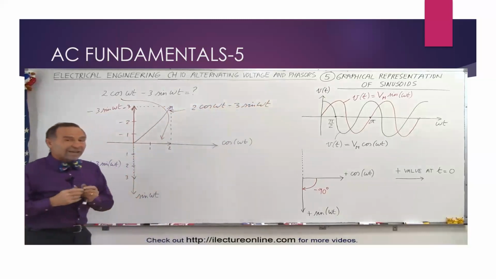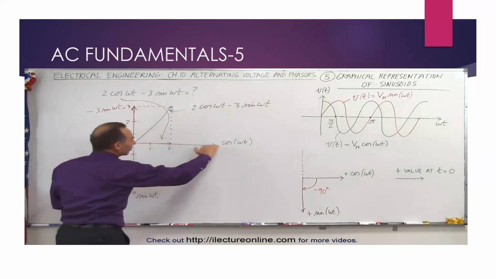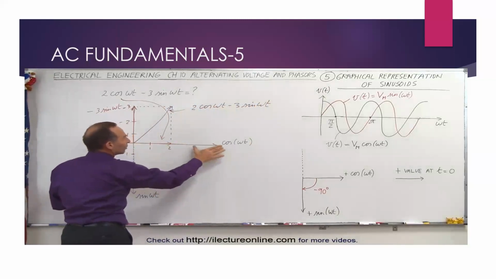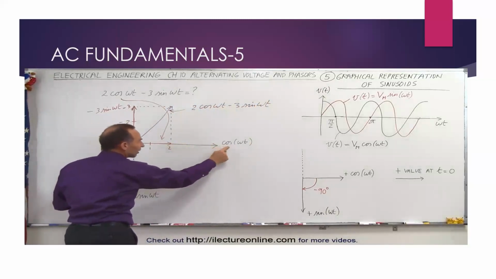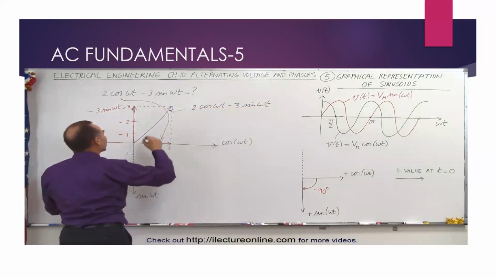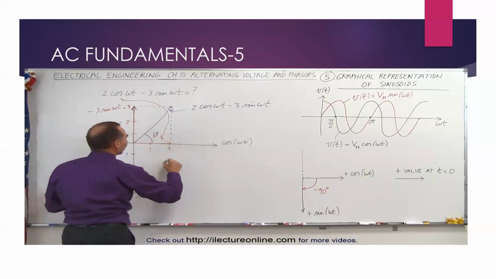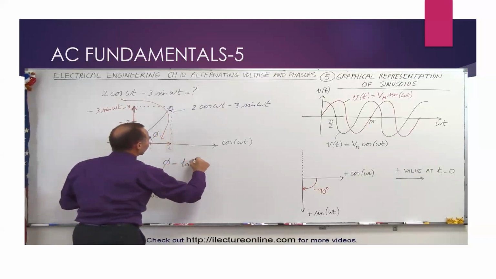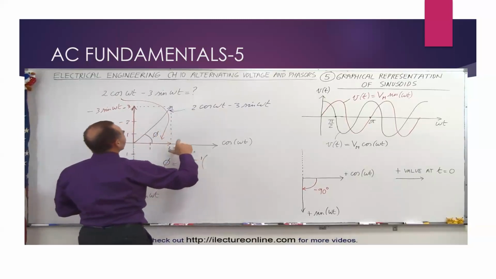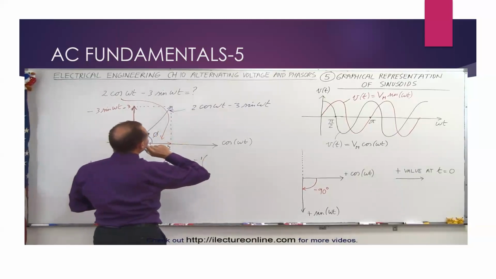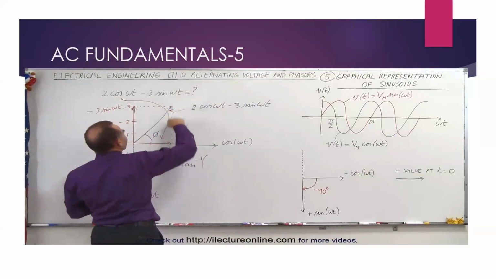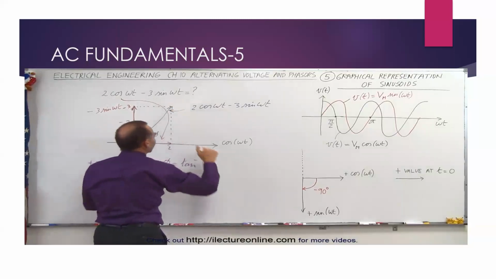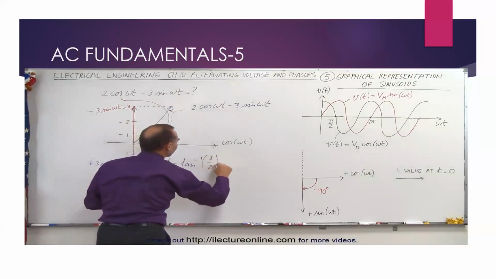And if I want to know the phase angle relative to the positive x-axis direction, so the positive value for the cosine function when time is equal to 0, let's call it phase angle B. I can see that the phase angle right here would be equal to inverse tangent of the positive value 3 divided by a value of 2.